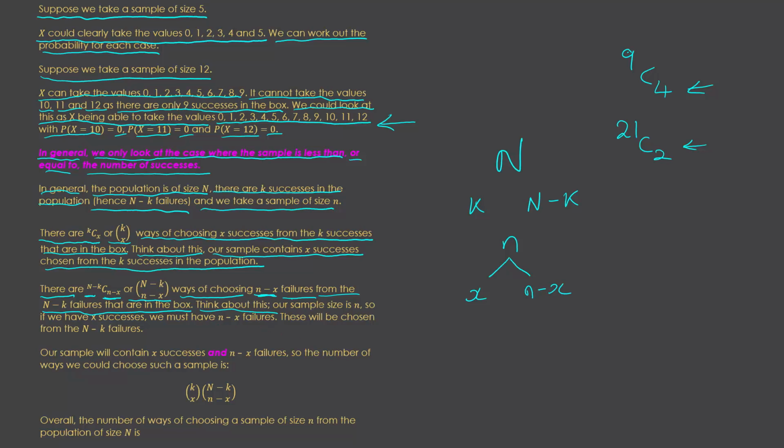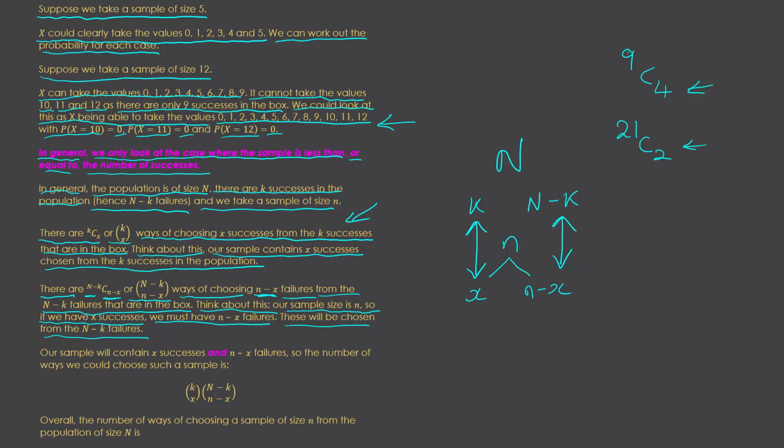Think about this. Our sample size is n, so if we have x successes, we must have n minus x failures. These will be chosen from the N minus k failures. So that's this choice just here. And in the paragraph before, we were talking about this choice.